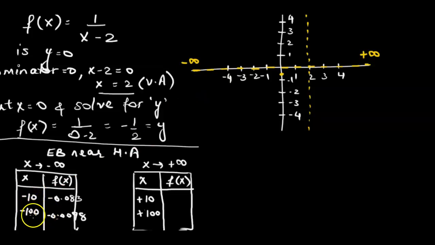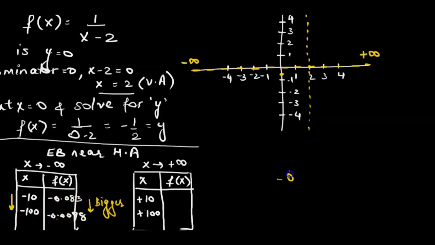All we understand from here is that when we are on the left side of the vertical asymptote and x values are negative, the y values are also negative. And when the x values are growing on the negative side, going from negative 10 to negative 100, the value is going more on the left side, and this becomes bigger. Now, how do we see this has become bigger?